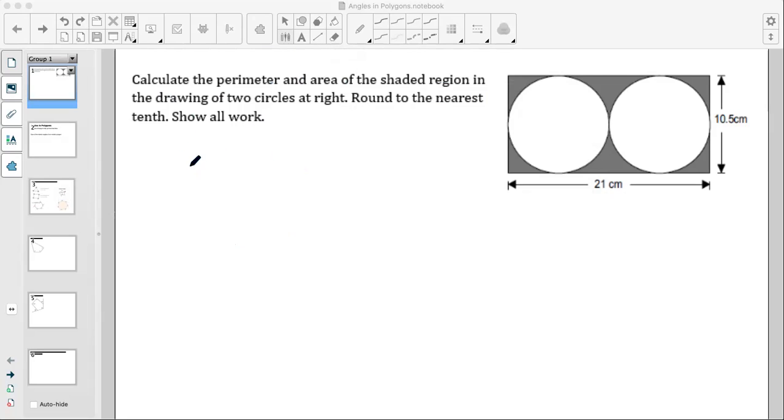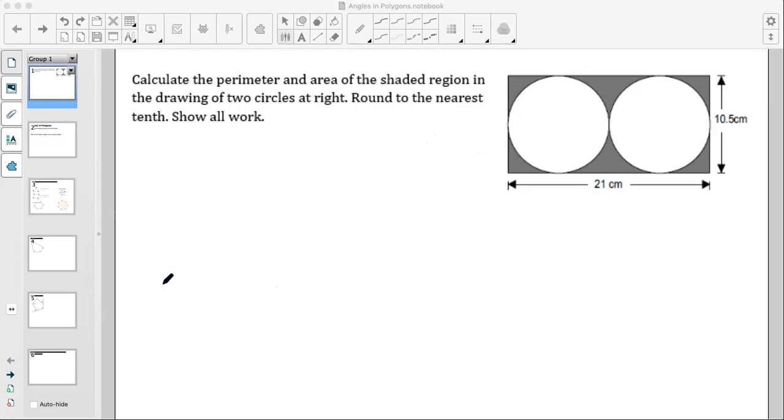Every parallelogram has opposite sides congruent. That's the worst handwriting ever. I'll try that again. Congruent. That means these 2 sides are the same and these 2 sides are the same. So that's true of every parallelogram.